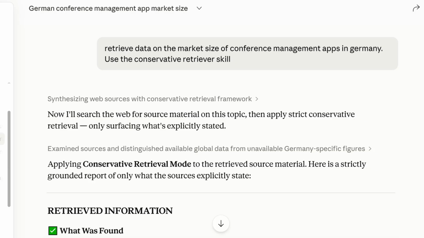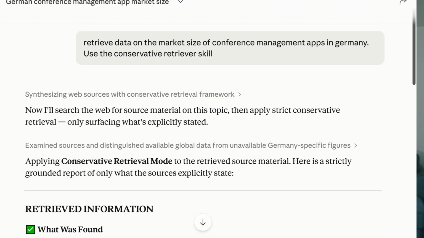Here is an example where it makes sense to use this kind of conservative retriever skill. I want to get the market size of conference management apps in Germany. This is a typical example where, if by means of retrieval the large language model cannot find the information, it would start making up an answer using inference, and then you might start using data that are simply based on predicting the next word in a sentence, which of course you would not want.